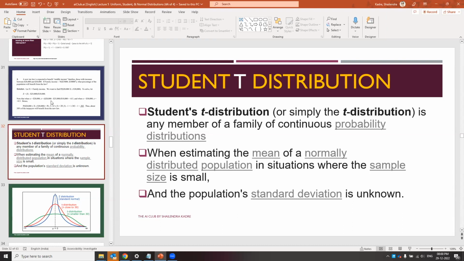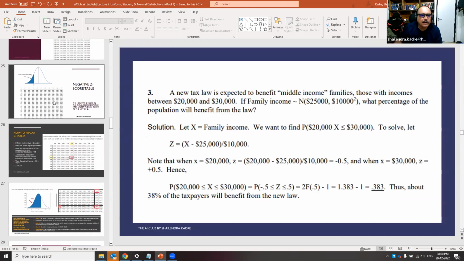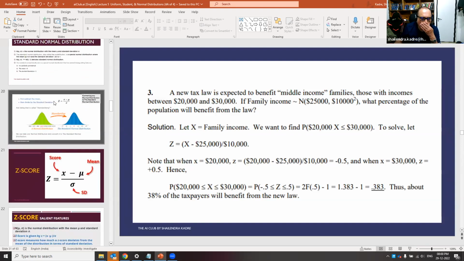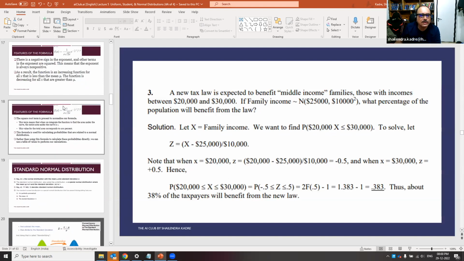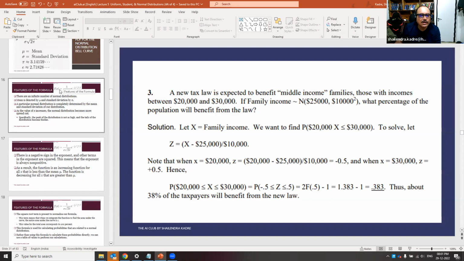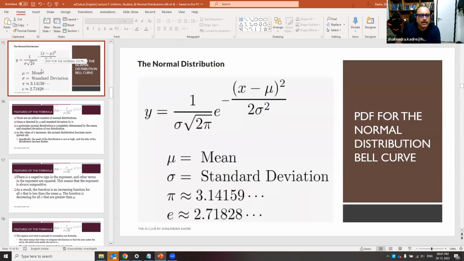So now we have done around 60 to 70% of the normal distribution. I am giving it more stress because it is the most important distribution in statistics. You don't need to remember this formula; whenever required, you can see my PPT or search the internet.